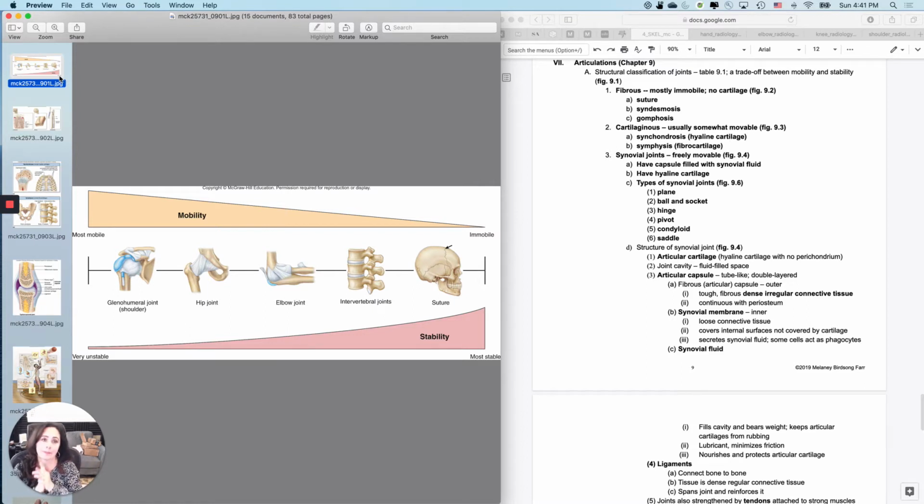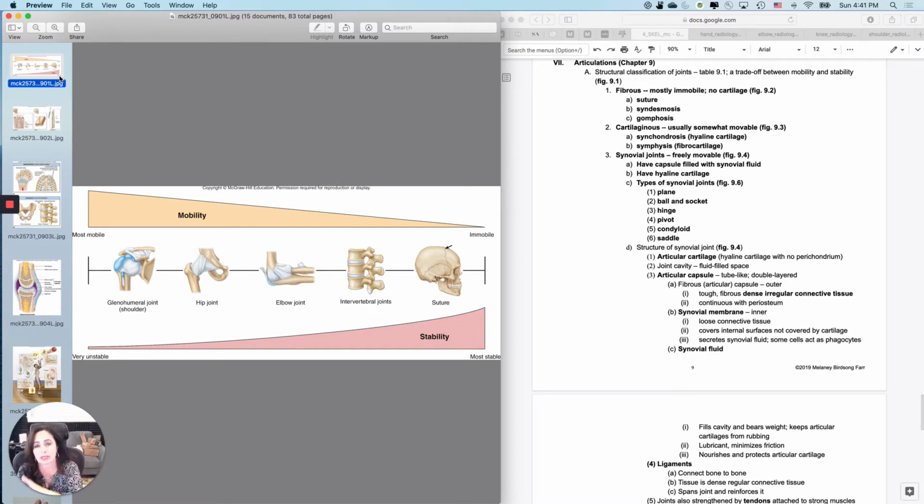So basically, a joint is a place where two bones come together. They're not all meant to be wiggly. I know we're in the habit of thinking of joints associated with our limbs, but the sutures in your skull are also joints, and they're definitely not meant to be mobile.